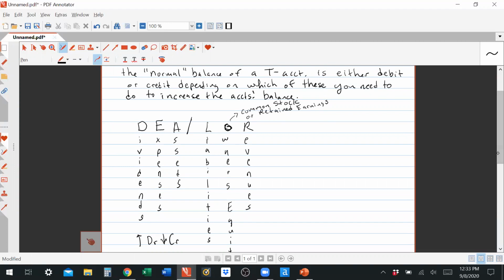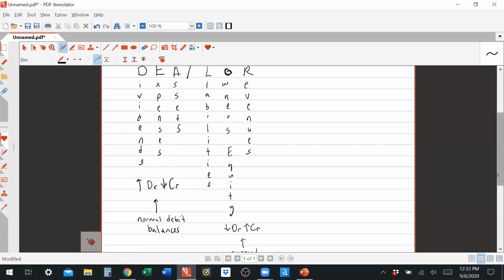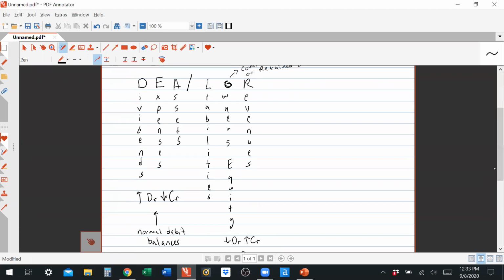So you have to figure out cash, okay, that's an asset. And then once you figure out what category it goes into, then just remember this or remember this. And that helps you figure out which account is debited and which account is credited. Also, you have to figure out for each account, does it go up or down? You have to, just by the context of the problem.